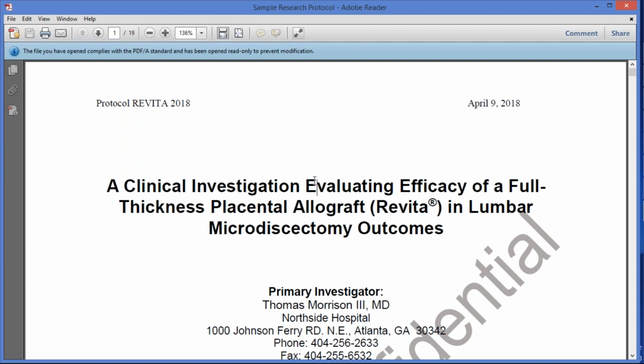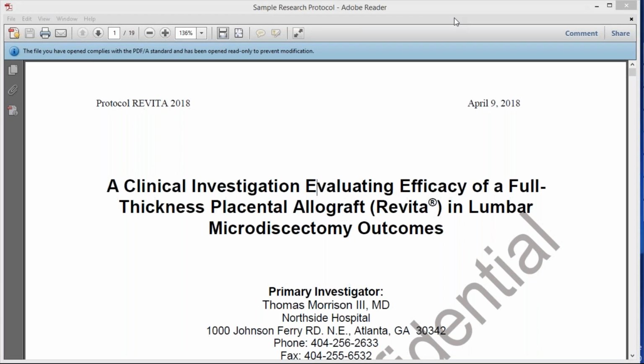So what is the objective here? By seeing the title, can you tell me the objective, Nihal? I actually don't. Objective of the study?